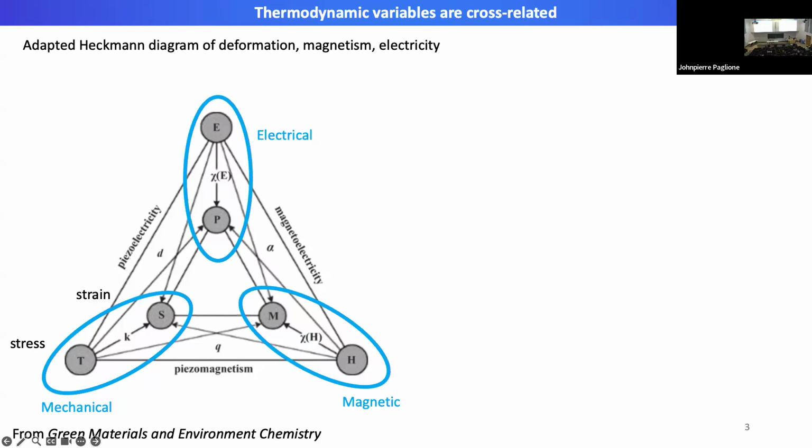Right. So this is a relatively complex diagram with a lot of lines connecting the different thermodynamic variables. So perhaps a different framework for thinking about those properties is instead to think about the relevant symmetries of each of those properties.